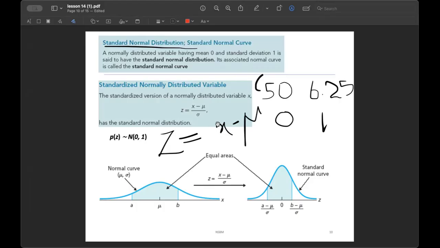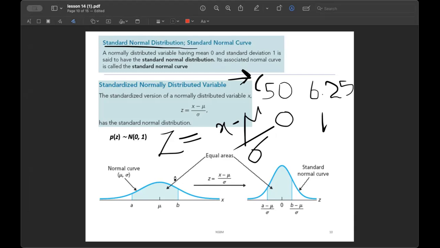X means all the relevant values, and sigma is the standard deviation. With this equation, we can convert a normal distribution into a standard normal distribution with mean 0 and standard deviation 1. That's the whole theory part. Is it clear? Yes. Okay.